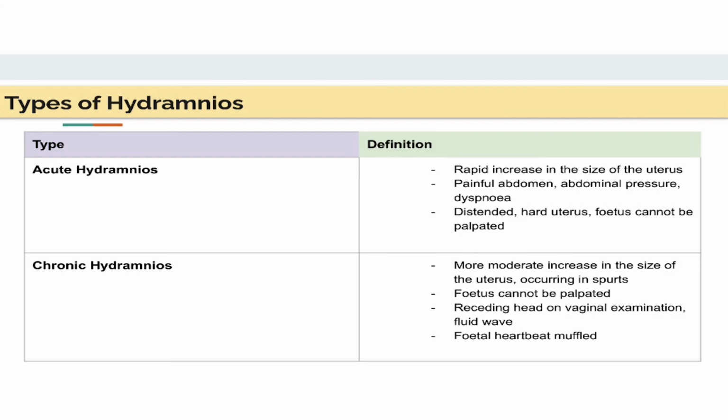The other type is called chronic hydramnios. In this type, there is a more moderate increase in the size of the uterus, which occurs in spurts. Also, the same as with acute hydramnios, the fetus cannot be palpated. And most importantly, fetal heart.